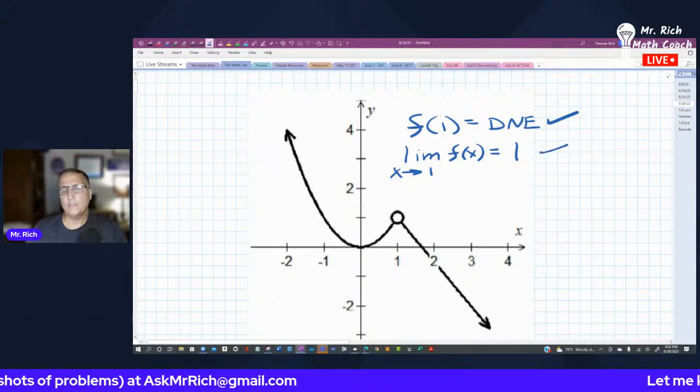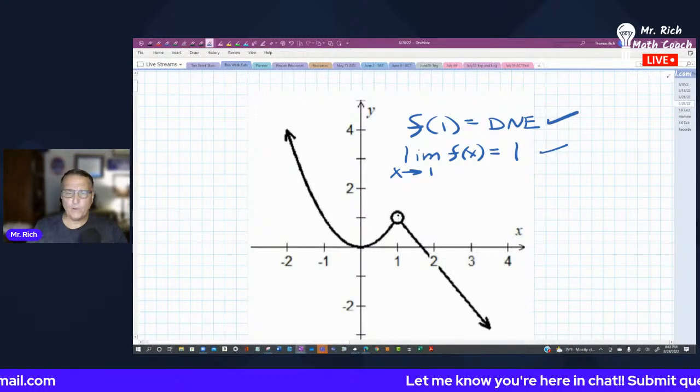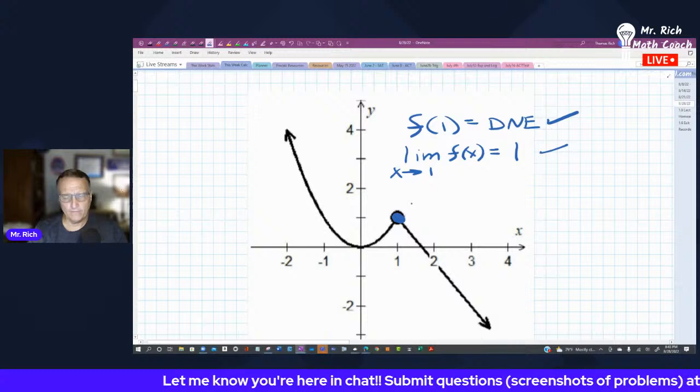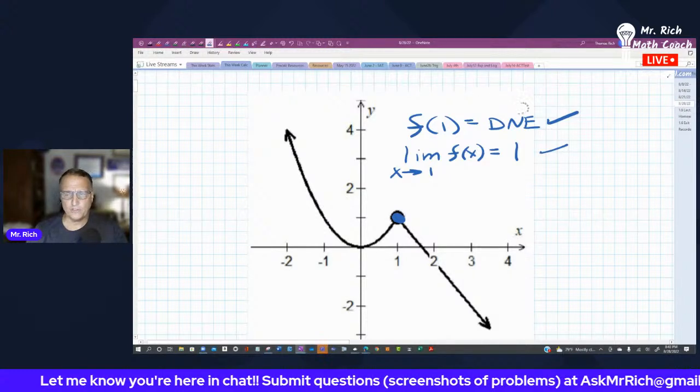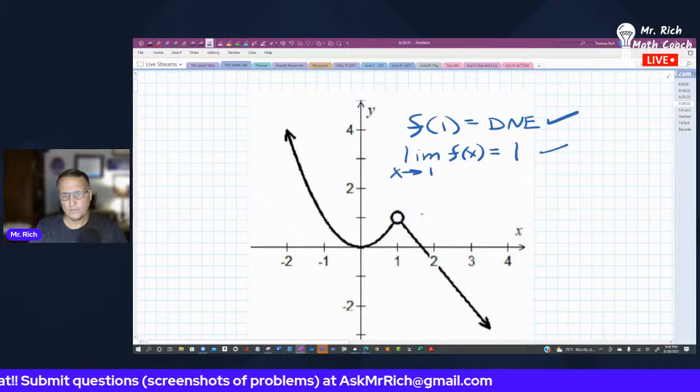Now, this is a removable discontinuity. And if we fill that dot in, then all of a sudden the function does exist, and it would be 1. And since they are the same, it's continuous.